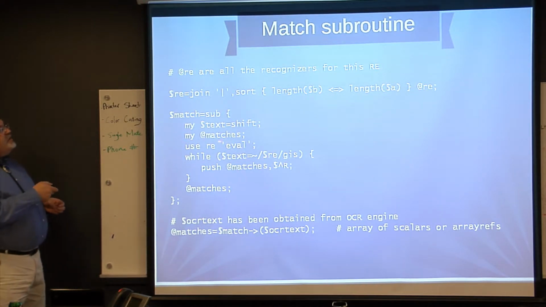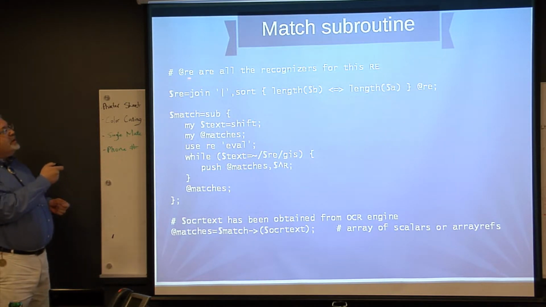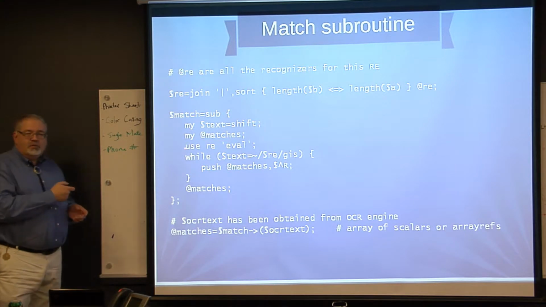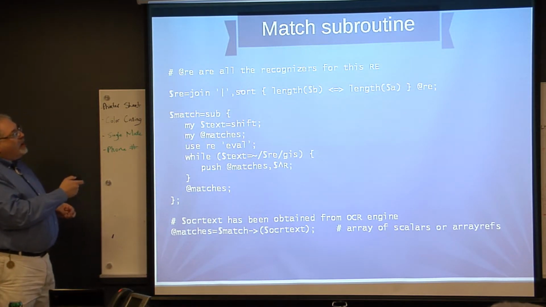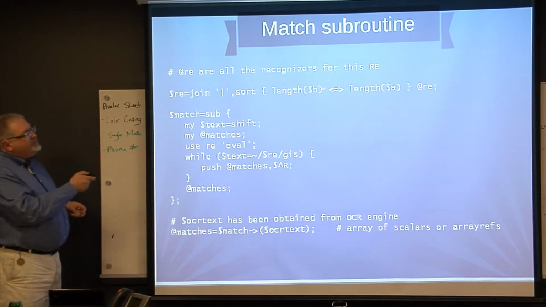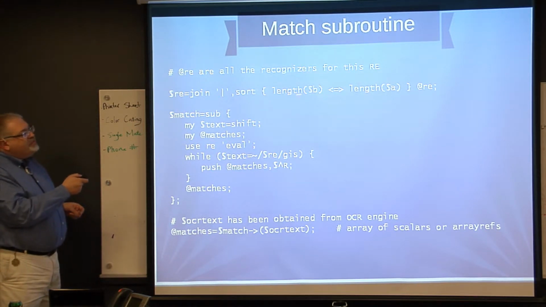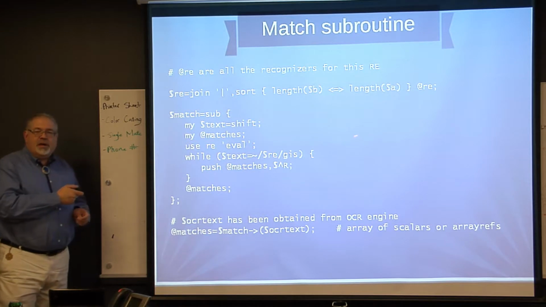So this is the match subroutine. The pre-compilation step is that we create the RE, so all the recognizers, which could be an enormous number, could be 20,000 little expressions. We're going to join them all, and we pre-sort them. This seems to help, and I proved this to myself empirically with benchmarks.